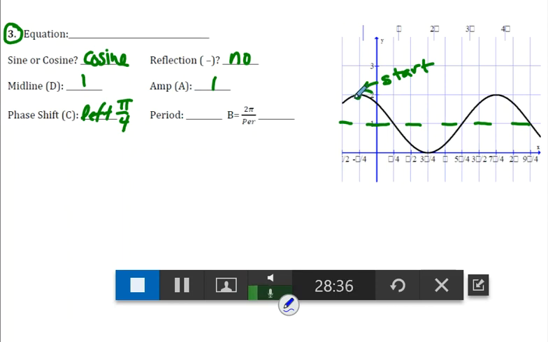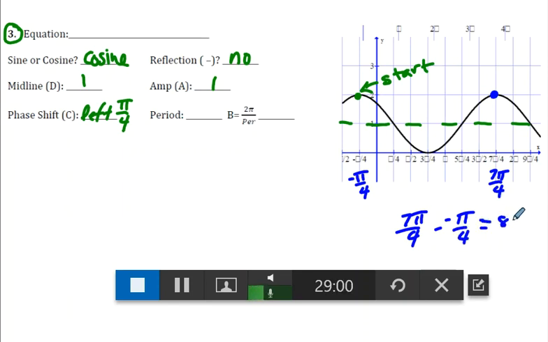So then the period is the length before it starts repeating. So I'm starting here. And then when I get here, it starts repeating. So how long is that? From negative pi over 4 to 7 pi over 4. I'm going to subtract them. 7 pi over 4 minus negative pi over 4. Right.